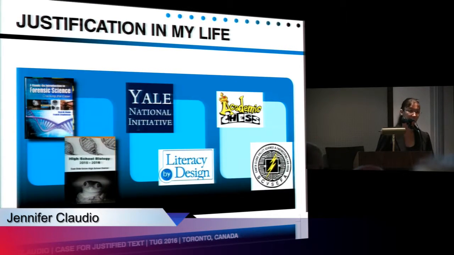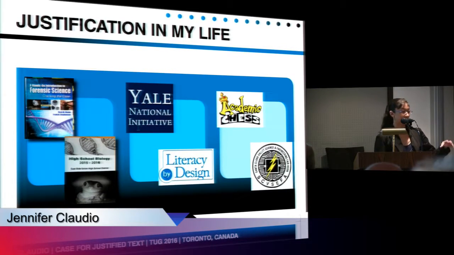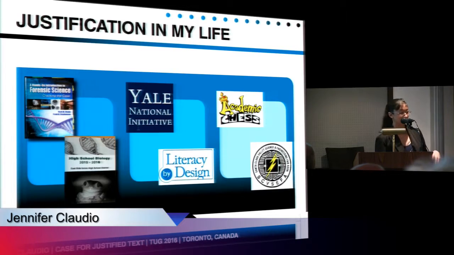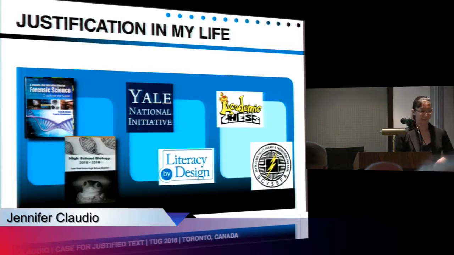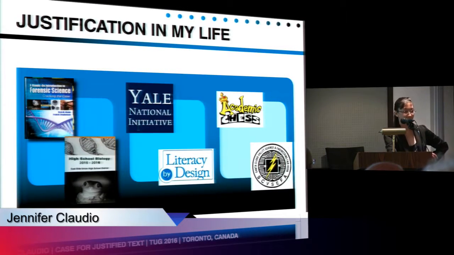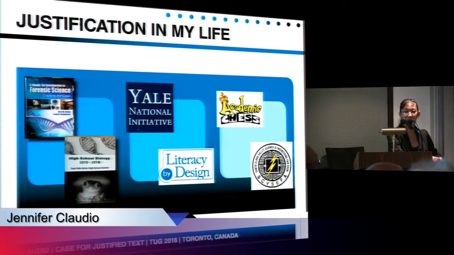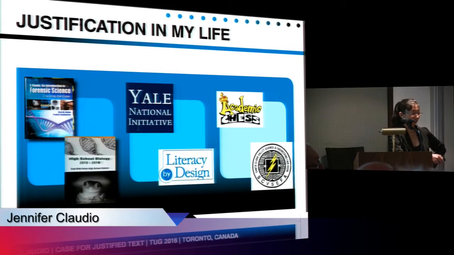I don't want to say jobs because I haven't been actively involved in all of them, but in publication of this forensic science book 2 or 3 years ago, the high school biology book for our district, most recently the Yale National Initiative, Literacy by Design, which is interesting because it's actually all a template, academic chess as I'd mentioned yesterday, and the Silicon Valley Science Engineering Fair. So those are the major areas where I see typesetting coming in handy in my life.